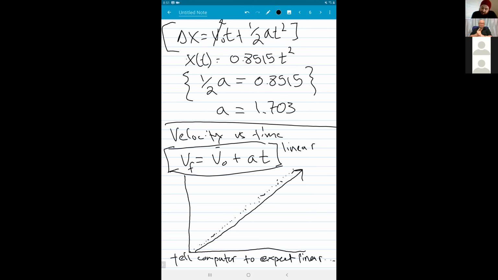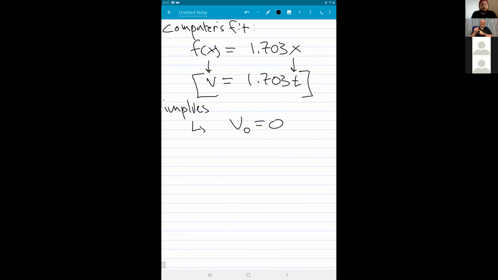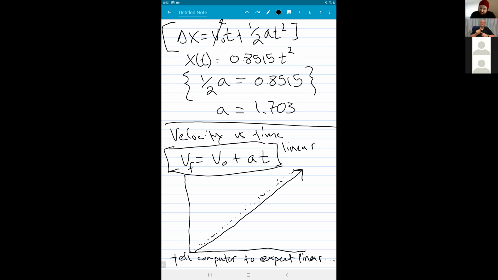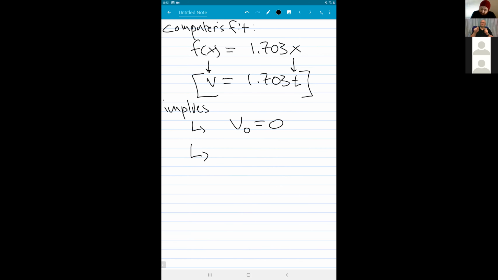Because there's no term here without a t. It's just 1.703 times t. So this also implies that the expression is the at, right? And so this must mean that a is 1.703.